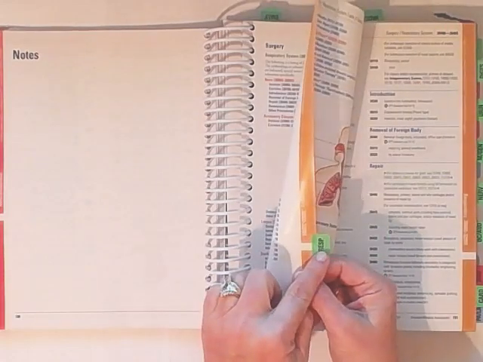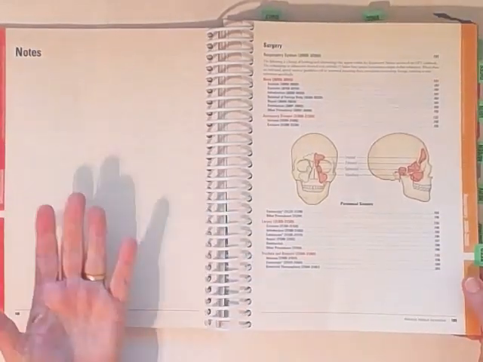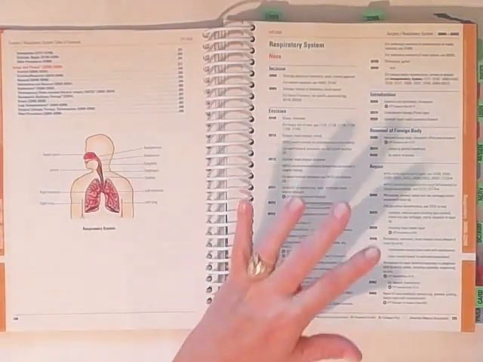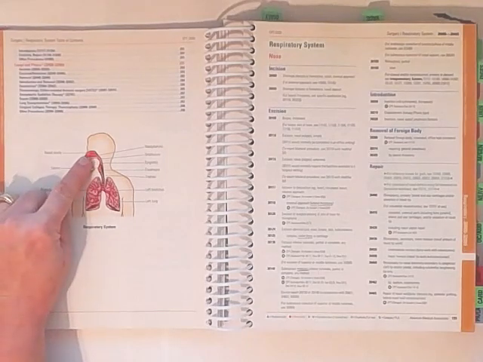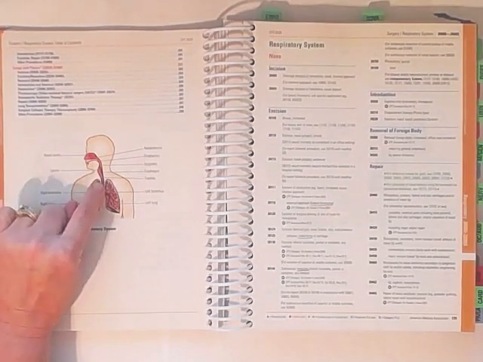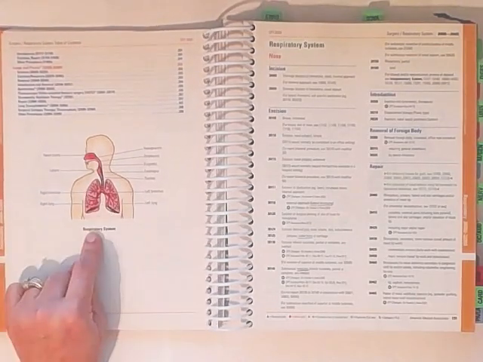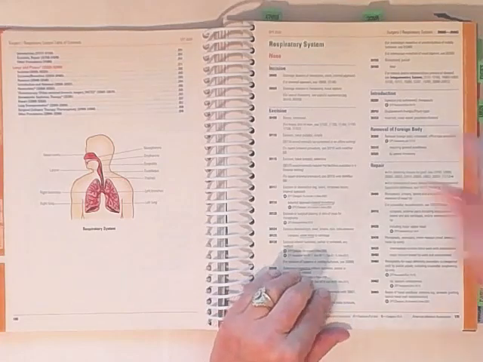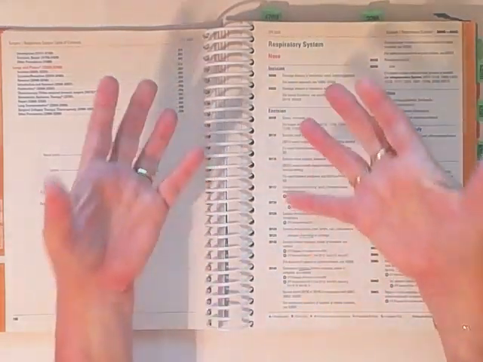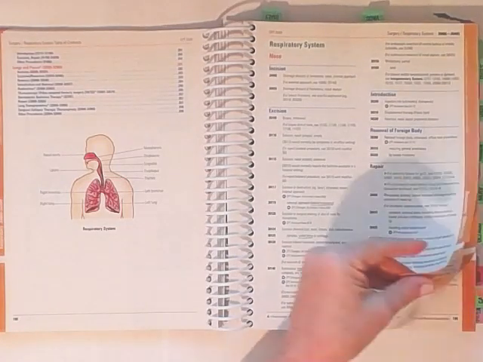Then we move to the respiratory system. This is pulmonary. Anything lung related is in here. This section does go from where you take your air in. So nose, into your pharynx, into your larynx, into your lungs. That's all kind of covered in here. And you can see because it starts with the nose. That's where the respiratory system starts.